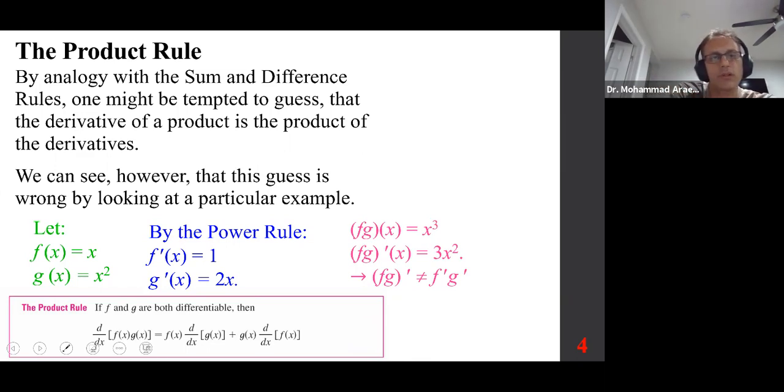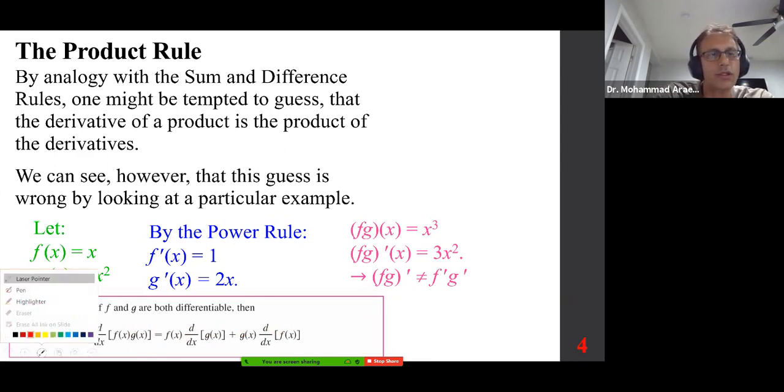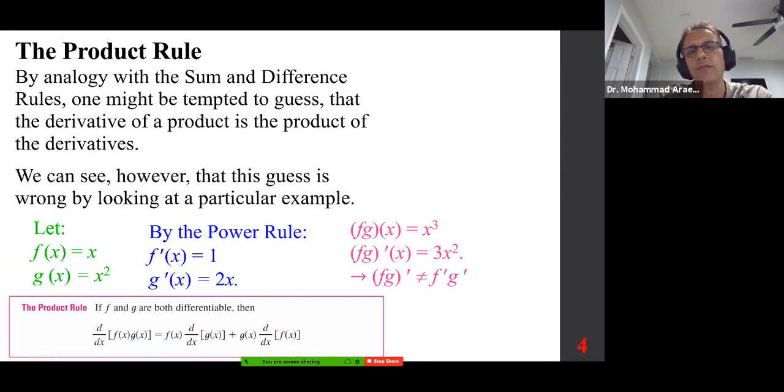And by the way, the product rule over here has a different order, and that's fine. But if we stick with the shorthand notation that was explained, f prime g plus g prime f, and f of x is x, so f prime is 1 times x squared, plus g of x is x squared, so g prime is 2x.